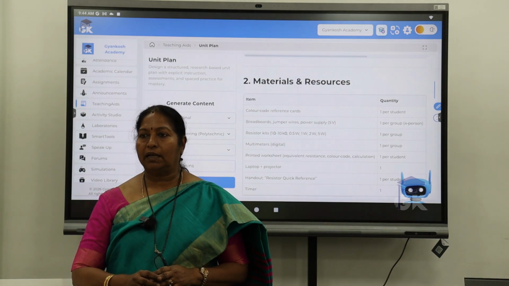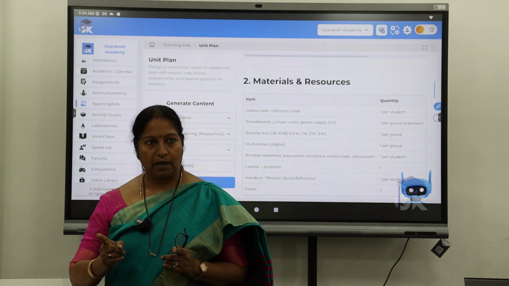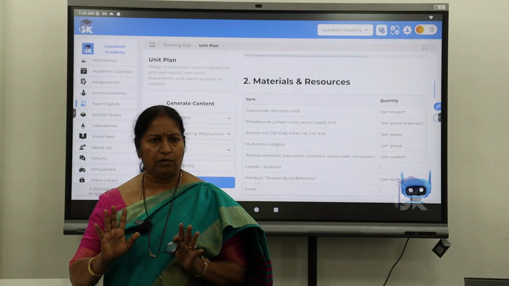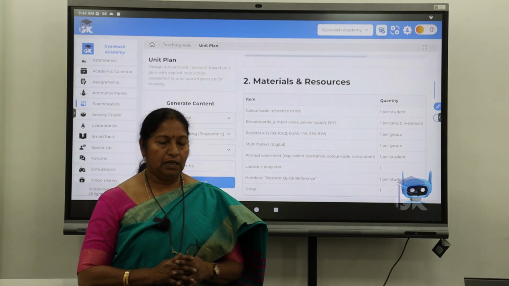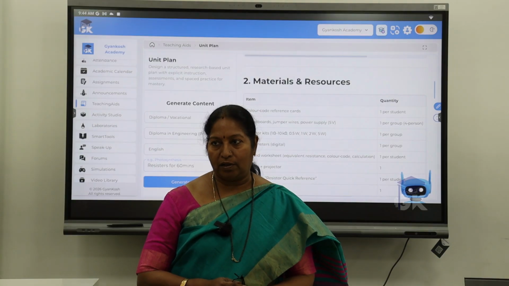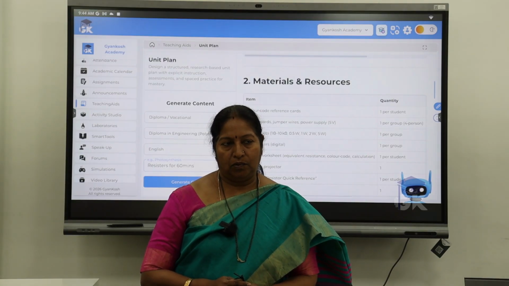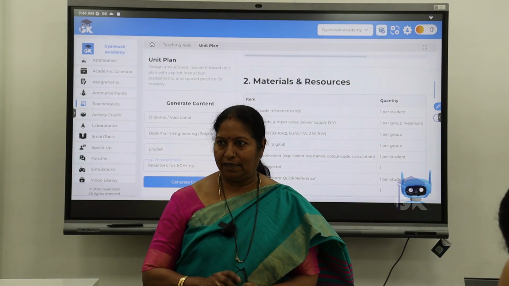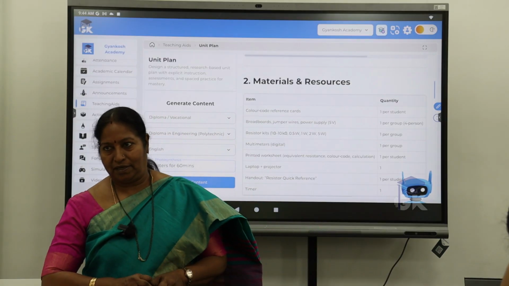L is the length of that particular conductor or insulator, whatever material you have taken. And A represents the area of cross section. Any shape will have an area of cross section, right?